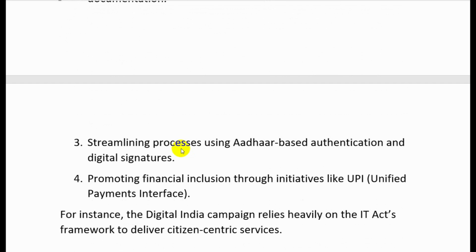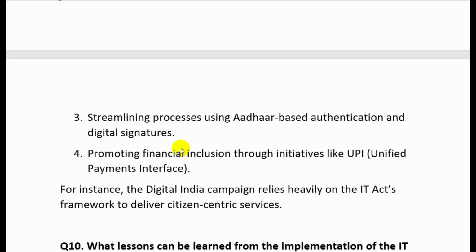Streamlining processes using Aadhaar-based authentication and digital signatures. Fourth, promoting financial inclusion through initiatives like UPI, Unified Payments Interface. For instance, the Digital India campaign relies heavily on the IT Act's framework to deliver citizen-centric services.